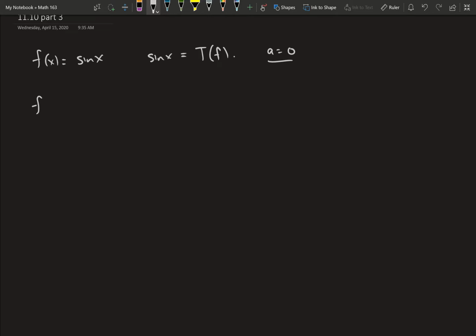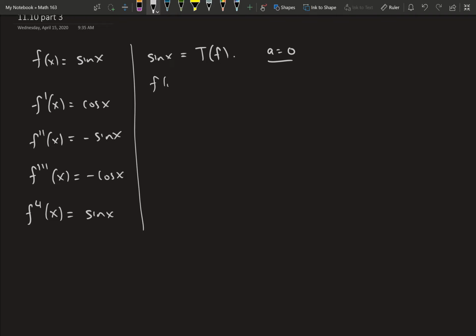So let's compute some derivatives. The procedure for all of these, whenever you're doing it from scratch, is first take basically a bunch of derivatives, try to see if there's a pattern, and then construct your series. So here I'm just writing down some derivatives of the sine function.